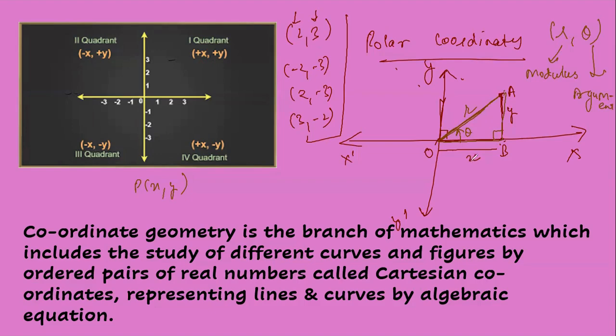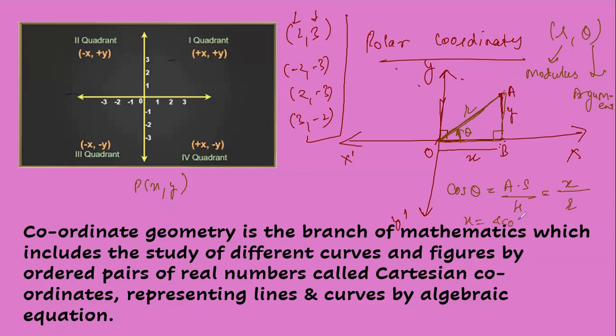Now, what are the values of these? If I apply cos theta in this triangle, because it is a right-angle triangle, with AB perpendicular to the x-axis, the formula for cos theta is the adjacent side over the hypotenuse. In this right triangle, according to theta, the adjacent side is x and the hypotenuse is r.